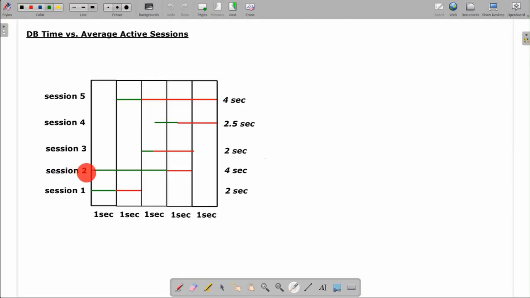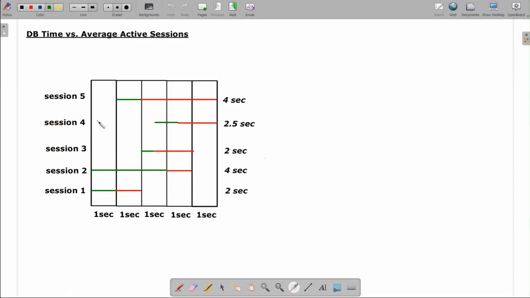Then the second session logged in as well. This session consumed 4 seconds of database activity time: 3 seconds is CPU time and 1 second is wait time. I'm just making an example. The third session logged in and consumed 2 seconds over the 5-second period.